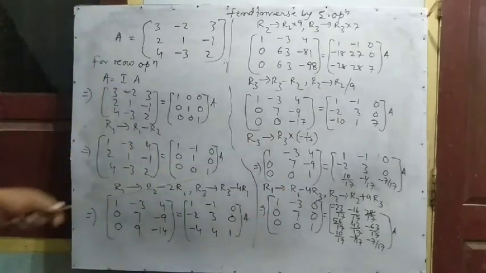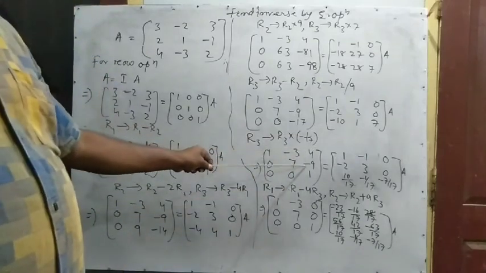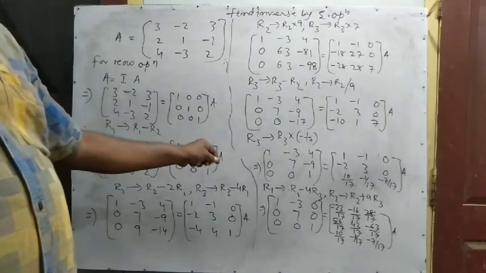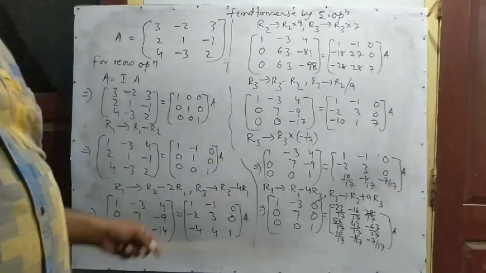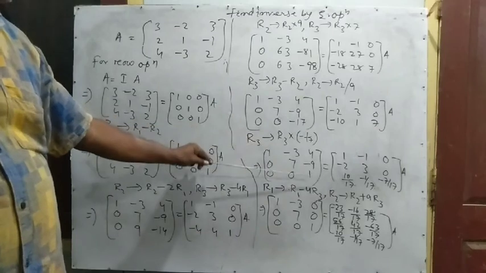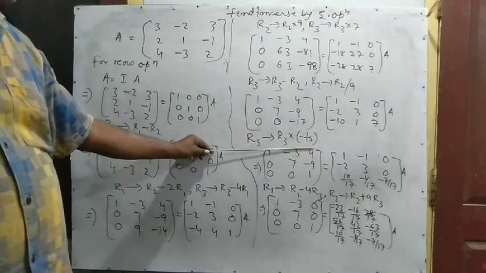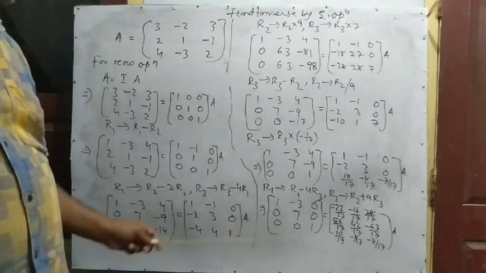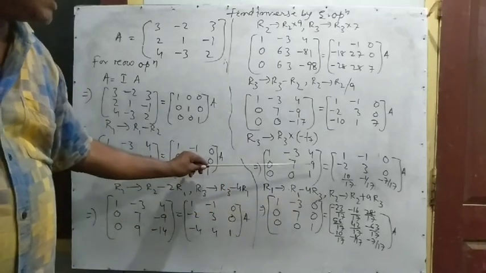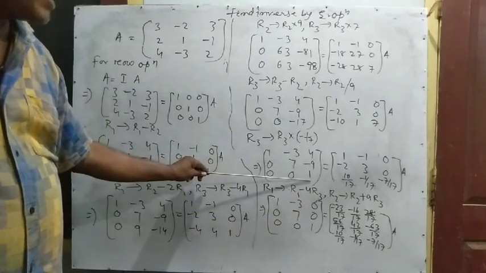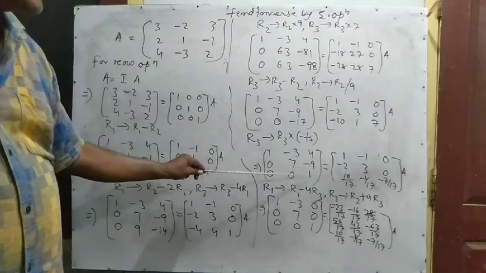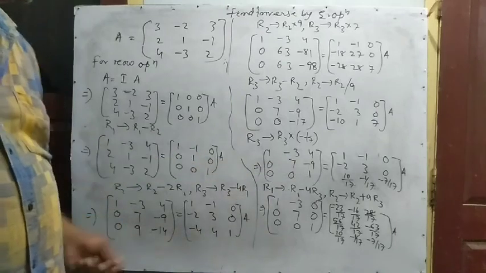Okay. Then these two numbers at a time you convert into 0 by using this one. So row number 1 minus 4 times row number 3, and row number 2 changes: row number 2 plus 9 times row number 3, because here it is minus and here it is plus. When you add, you will get 0 here.